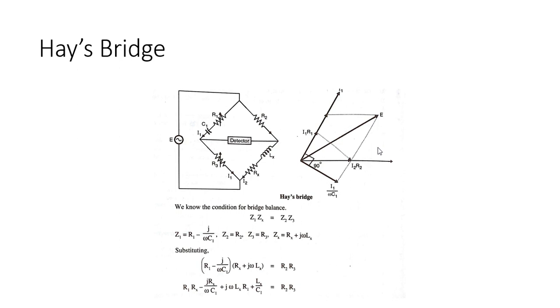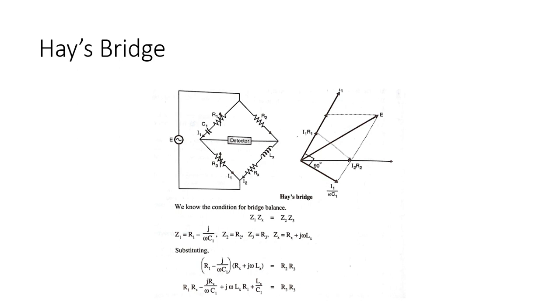Although it is not shown, we can say what the phase difference is: here we are getting E, and here we are getting I1. You know that whenever we add capacitance, the current gains some phase lead, and when you add an inductor, the current gets phase lag.